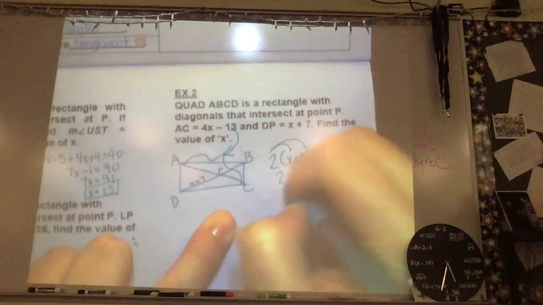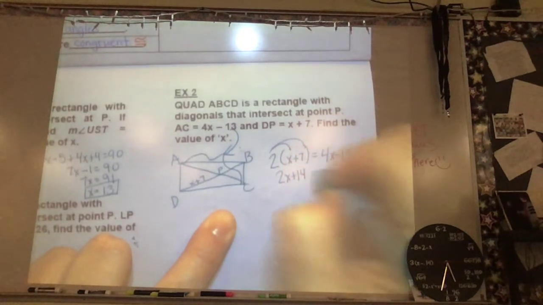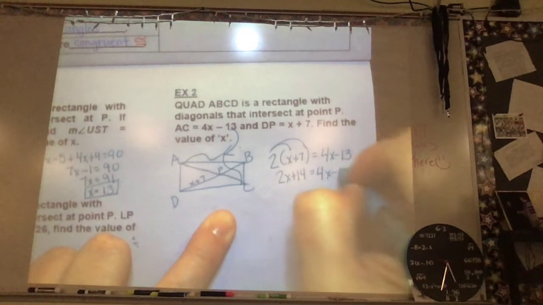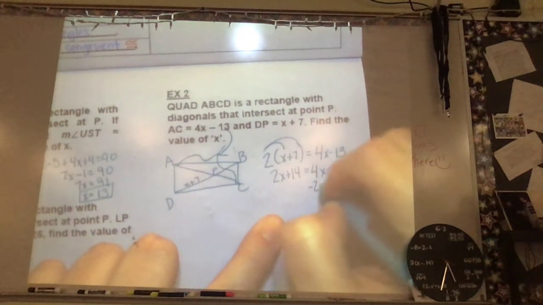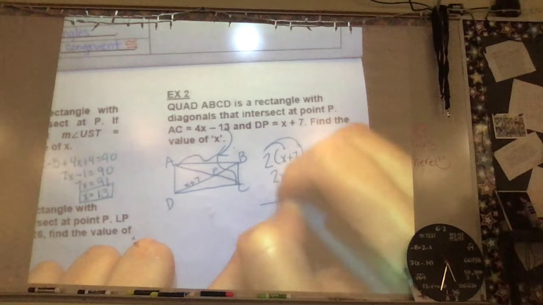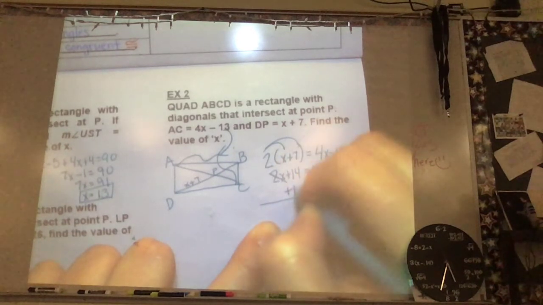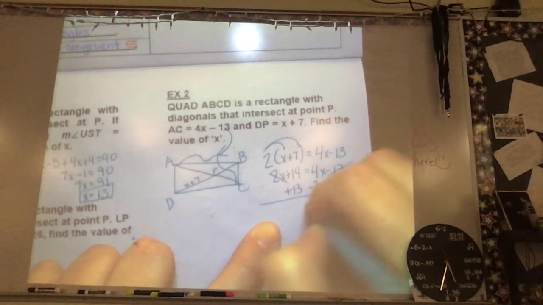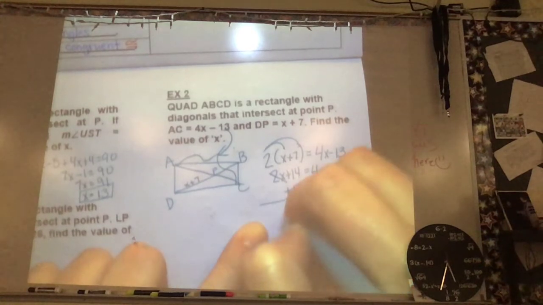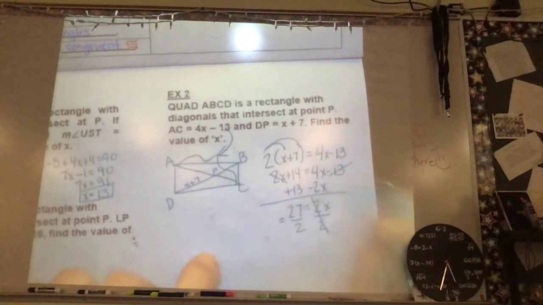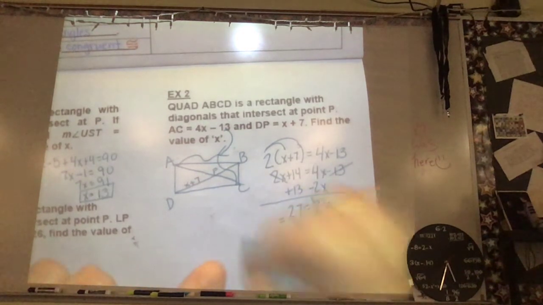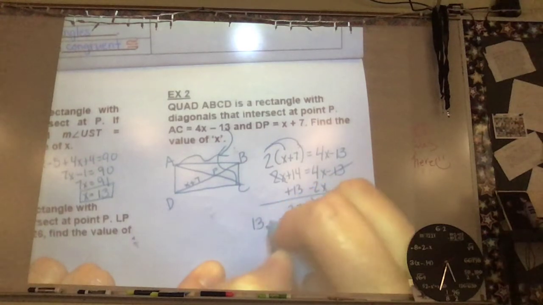Distributing here, I have 2x plus 14 equals 4x minus 3. Combining my like terms across the equal sign, I'm subtracting 2x from both sides and adding 3 to both sides. So I get that 17 equals 2x. Alright, so dividing both sides by 2, I get 17 over 2, which is a perfectly valid answer, but if you want to change it to a decimal, you can, and you should get 8.5.